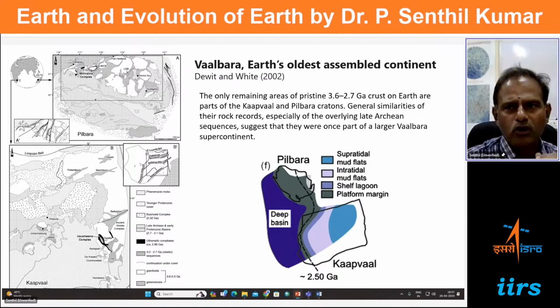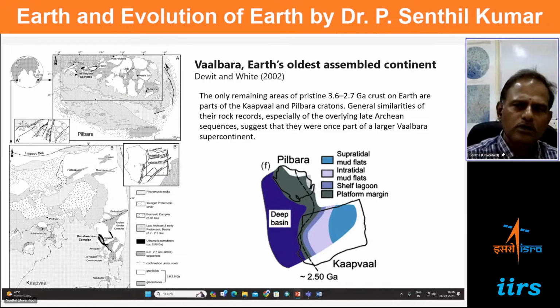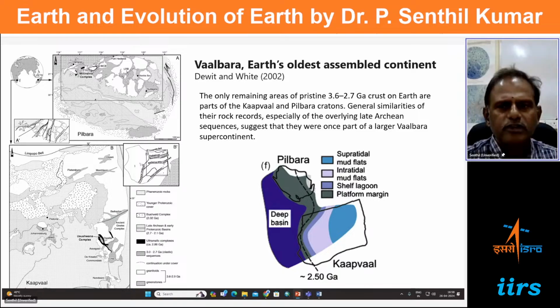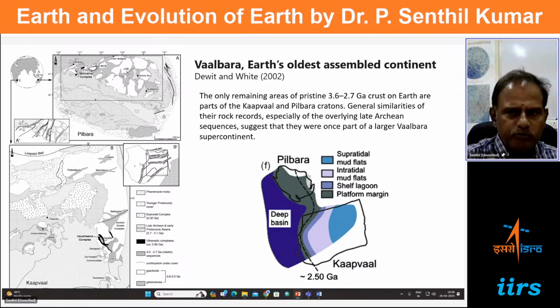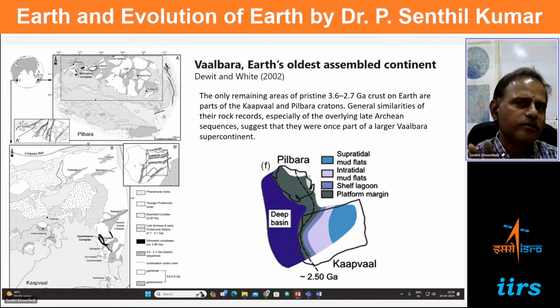One such continent formed between 3.6 to 2.7 billion years ago. Some parts of South Africa and some parts of Western Australia came together and produced a big supercontinent called Vaalbara. But you know, these supercontinents don't stay stable. They will also be broken and open. They will be spreading out due to plate tectonics.